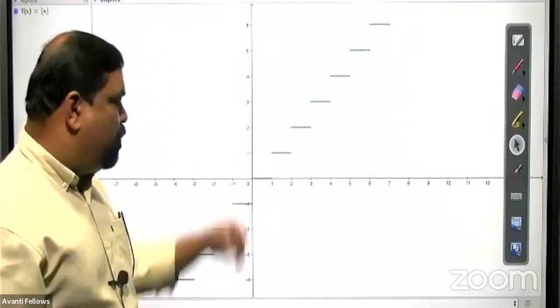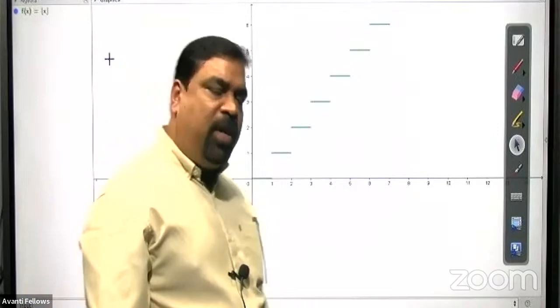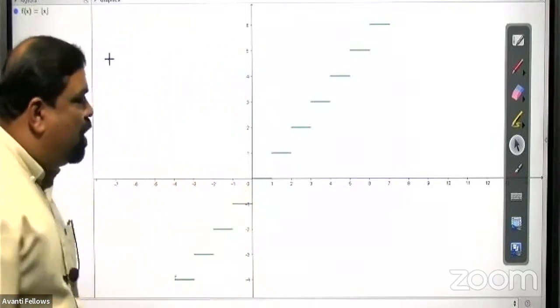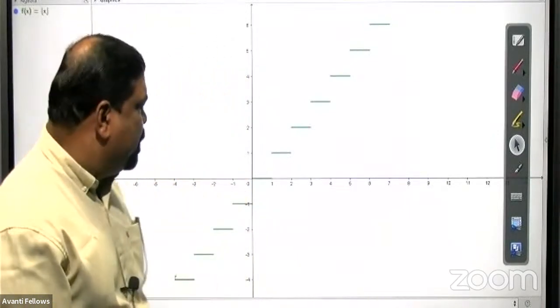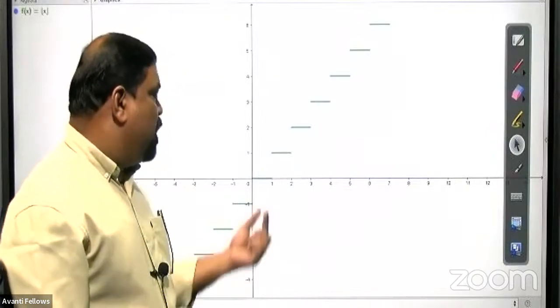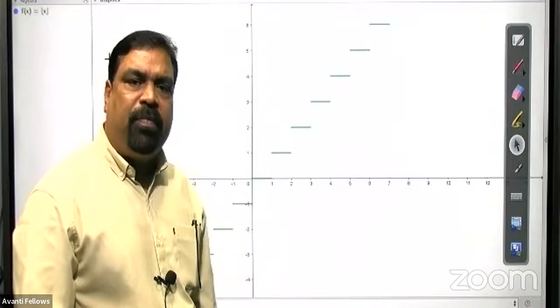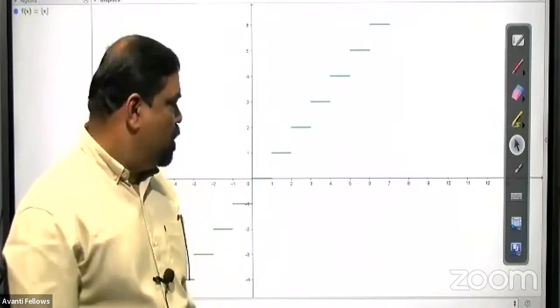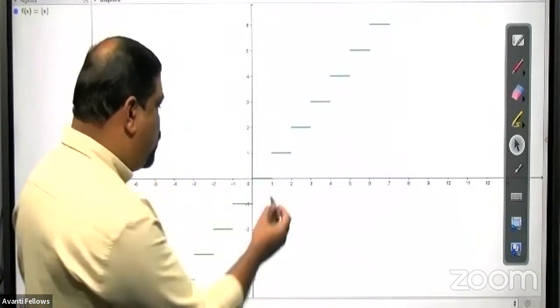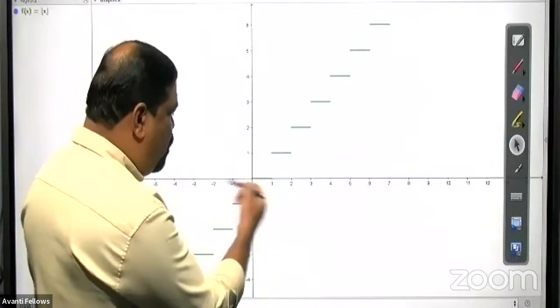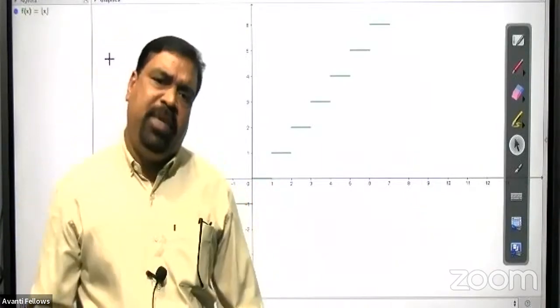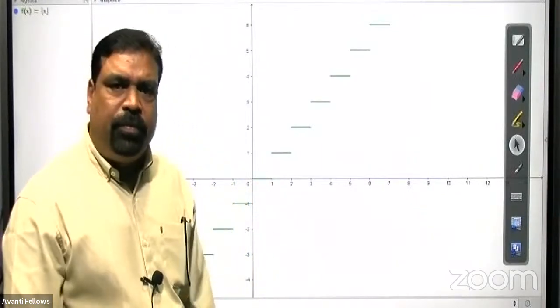From the graph, we can see that from the left side of 1, the function value is everywhere 0 only. Isn't it? So the left hand limit is 0.